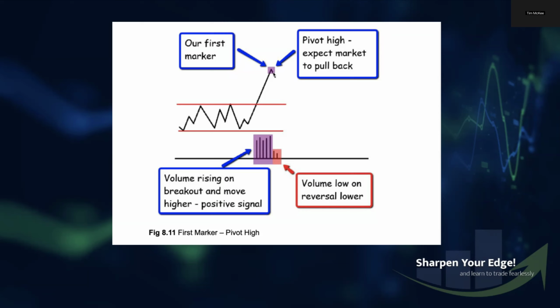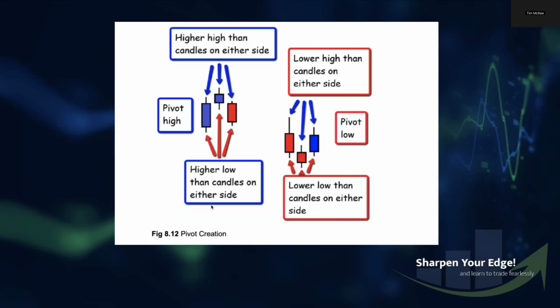So you can see the pivot, we've broken out of this congestion zone, have broken out above the level, and we hit our first pivot point. Now, just to remind you, these are pivot points. What's a pivot point? It's made up of three candles like this.